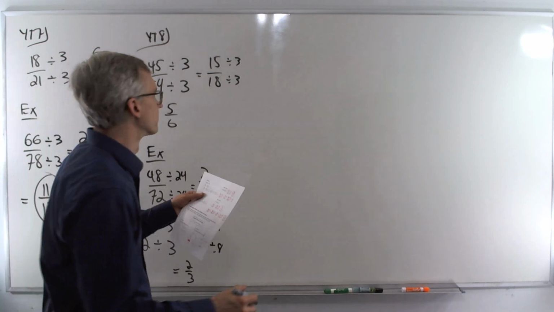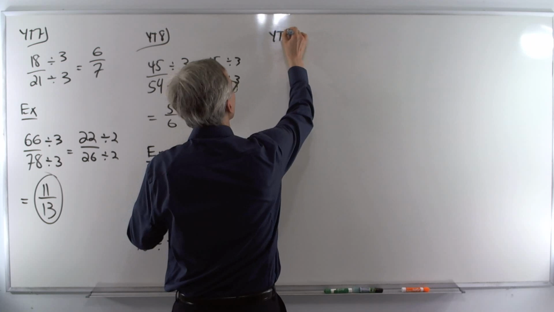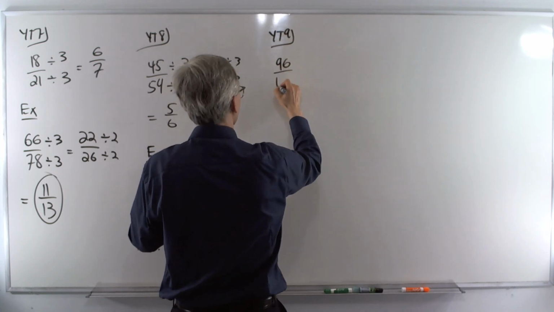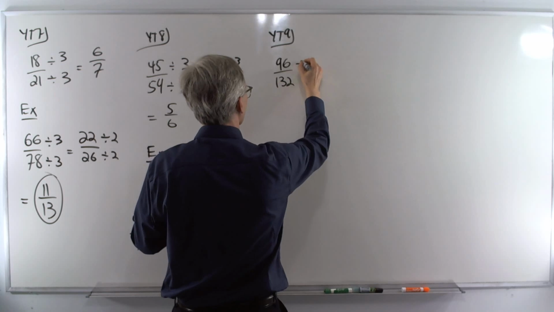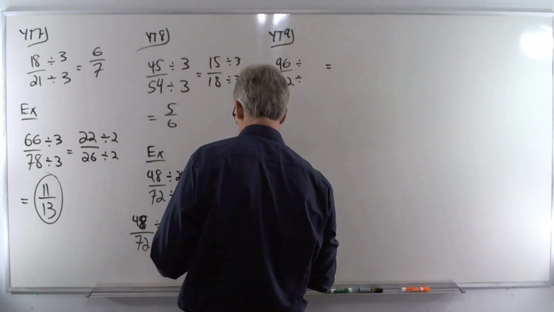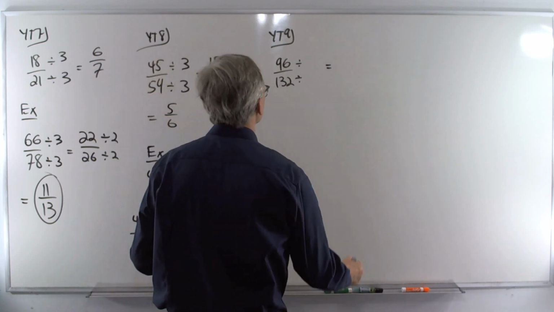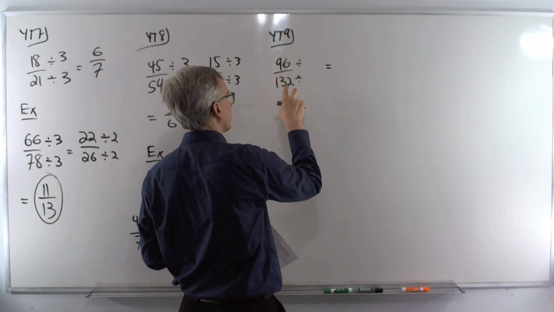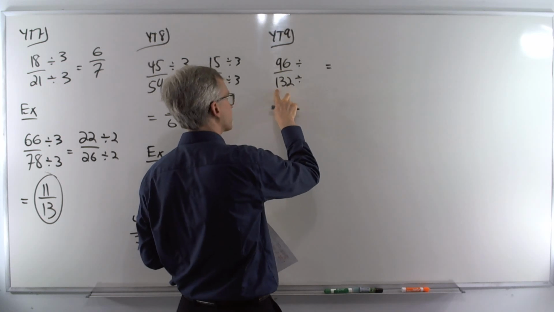Your turn, number 9. Nine plus 6 is 15. That's divisible by 3. 3, 4, 5, 6. That's divisible by 3.